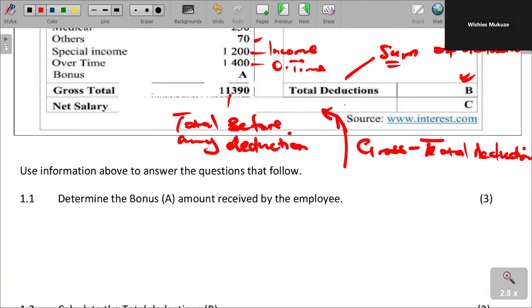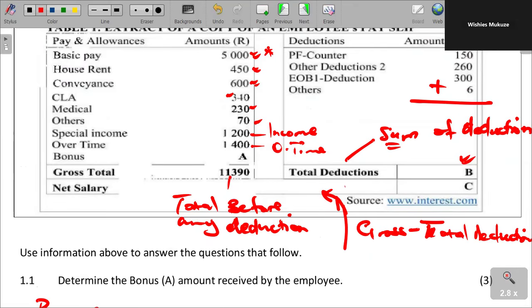Bonus is given here as A. Bonus is equal to total gross income minus all the other sources of income, minus overtime, minus special income, minus all other funds that are there.